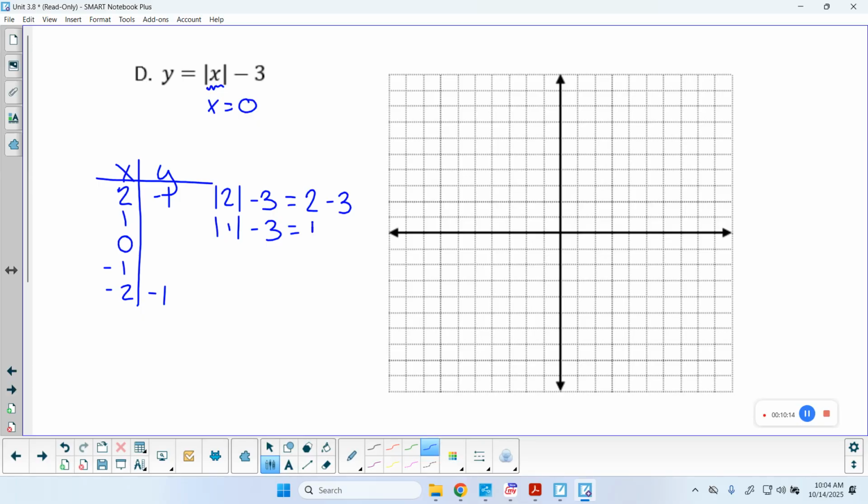Absolute value of 1 is 1. 1 minus 3 is -2, which means for -1, the y value is also -2. If we plug in 0, absolute value of 0 minus 3 is just 0 minus 3. So that y value is -3. So it means that our vertex is going to be the ordered pair 0, -3, and go ahead and plot those points.